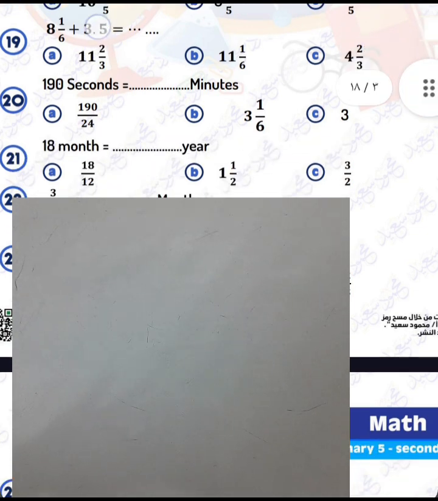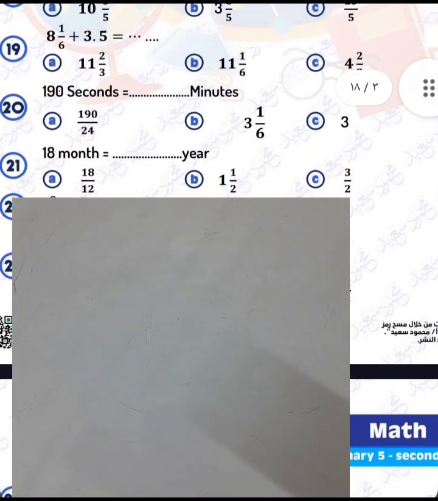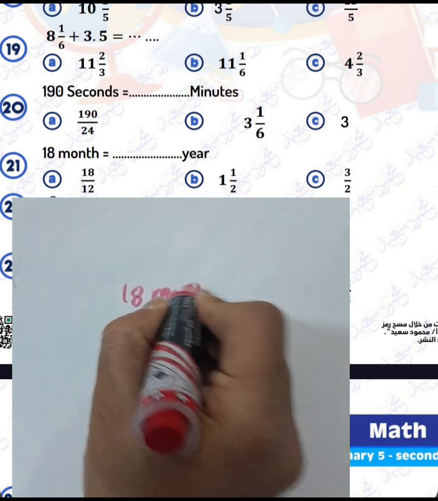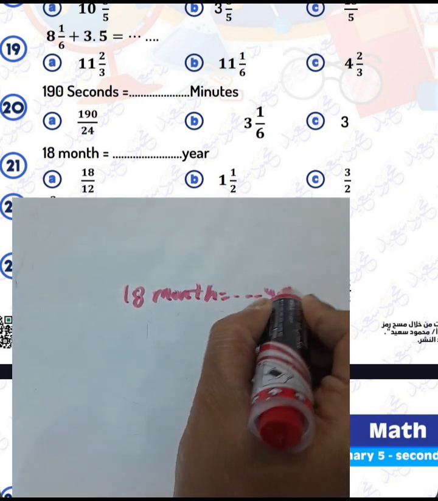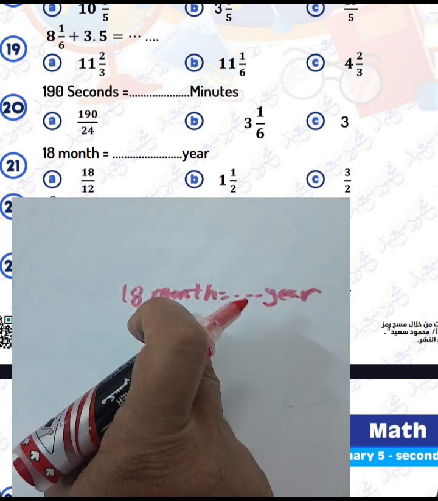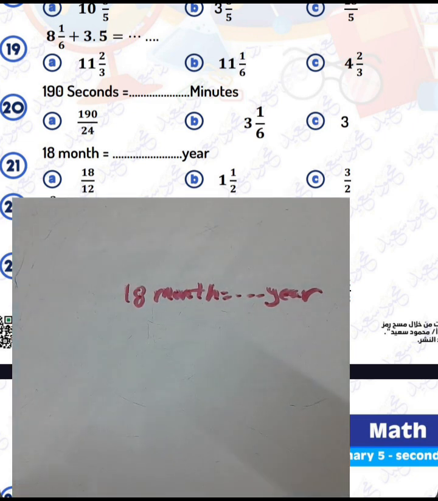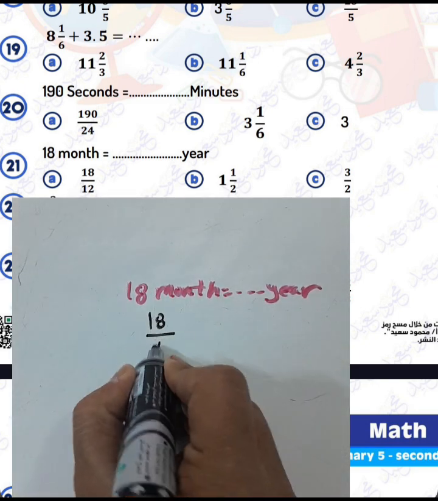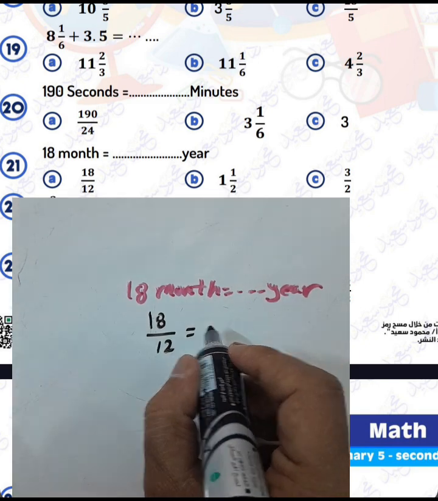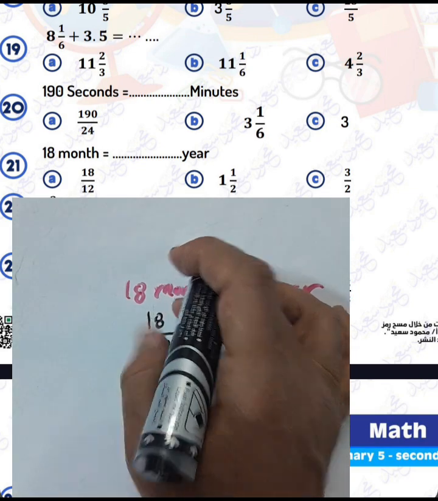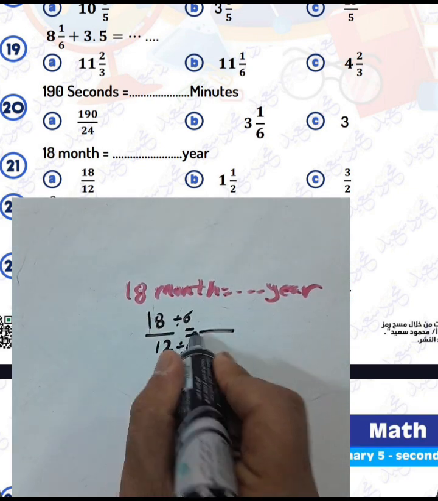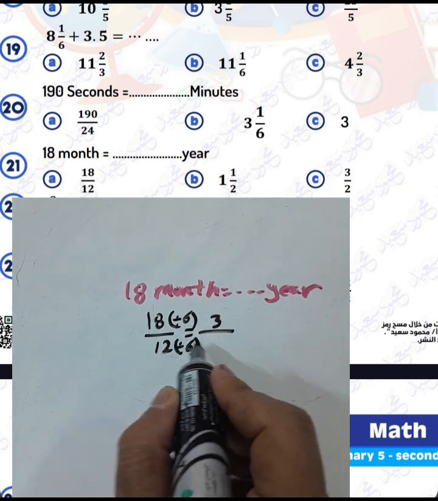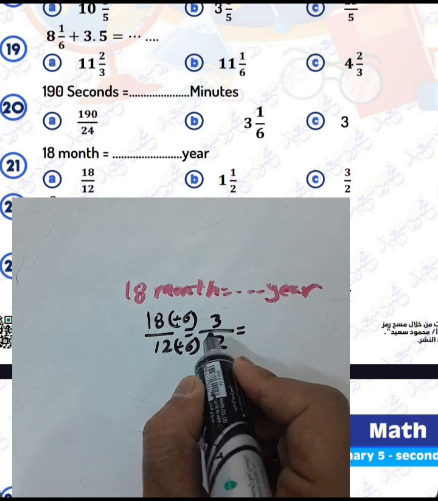Next example, 18 months equal space year. We know 1 year equal 12 months. We can convert here, write 18 divided by 12. We can simplify it by dividing numerator and denominator by 6. 18 divided by 6 equal 3 and 12 divided by 6 equal 2. 3 over 2 it will be 1 and half.